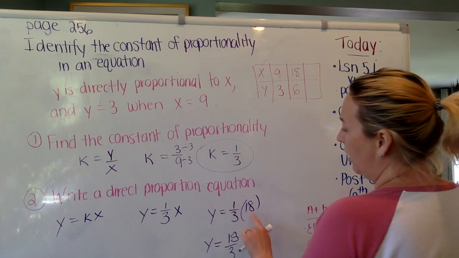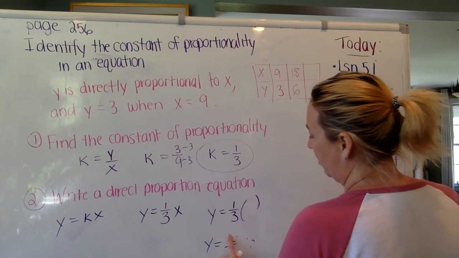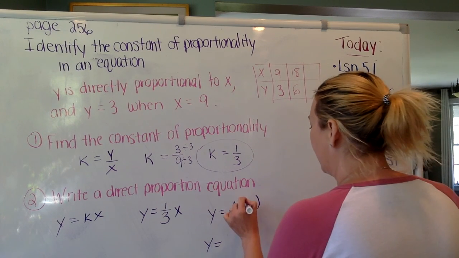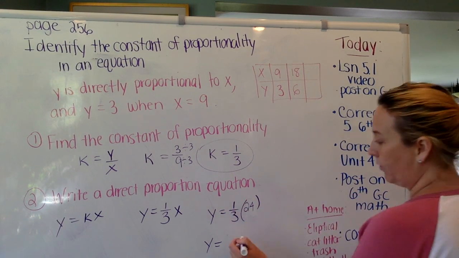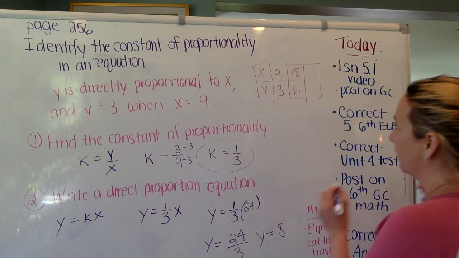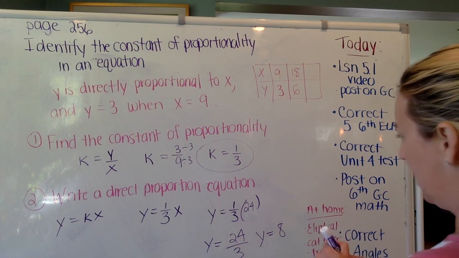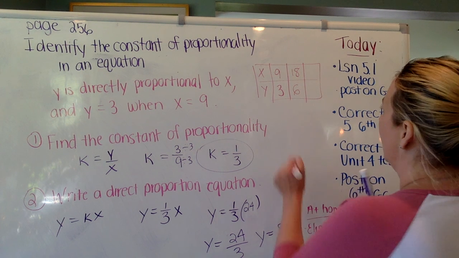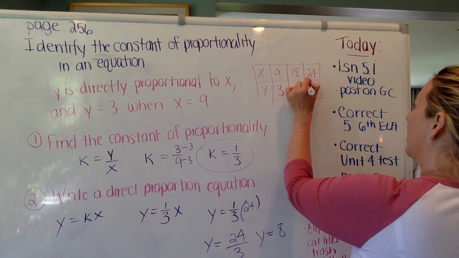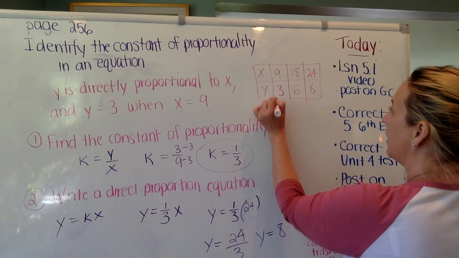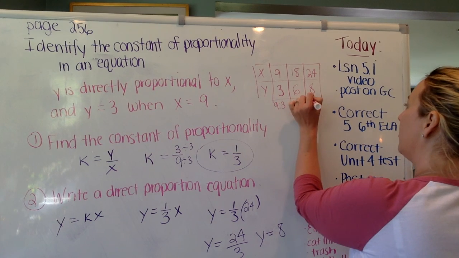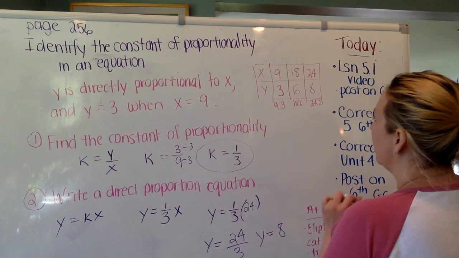All right, I'm now going to say x is equal to, let's just say 24. 1 times 24 is 24 over 3. In this case, y is equal, did I do that right? 3 goes into 24, 8. So 24, 8. And I could go down here and say, all right, I've got a 9:3 ratio. I've got an 18:6 ratio. I've got a 24:8 ratio.